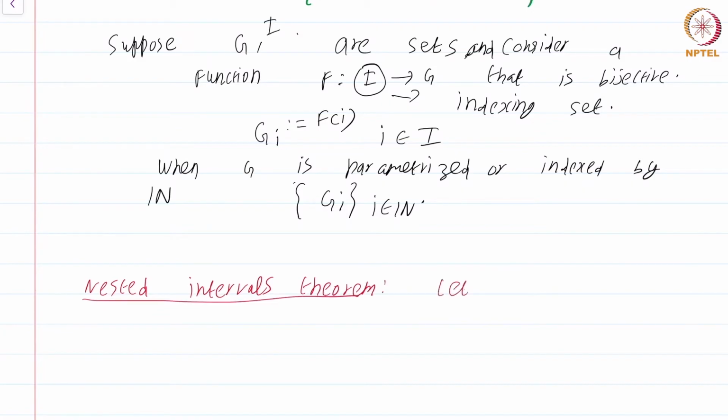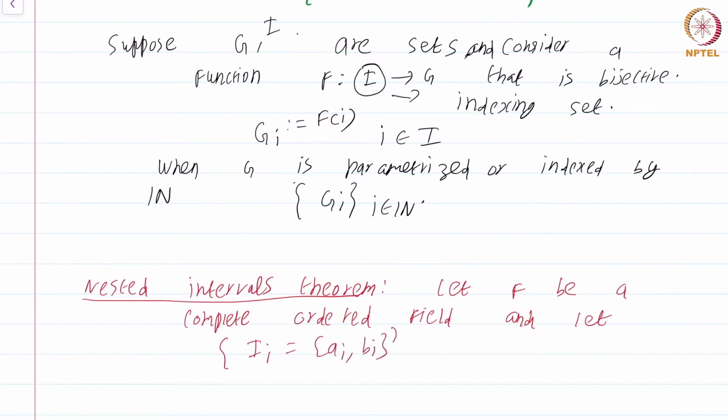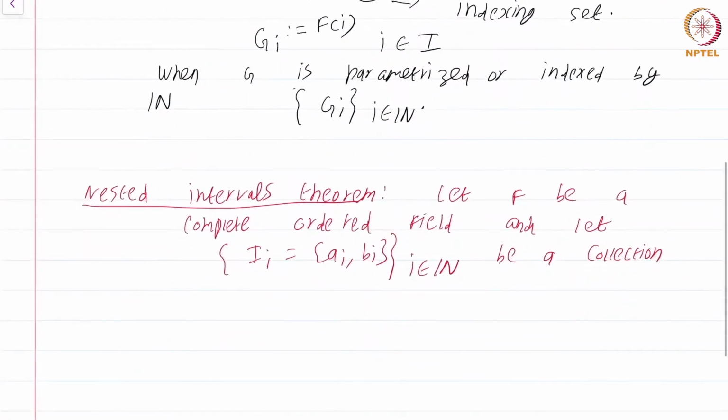This states the following. Let F be a complete ordered field, and let I_i, which is equal to [a_i, b_i], indexed by the natural numbers, be a collection of closed intervals that are nested.